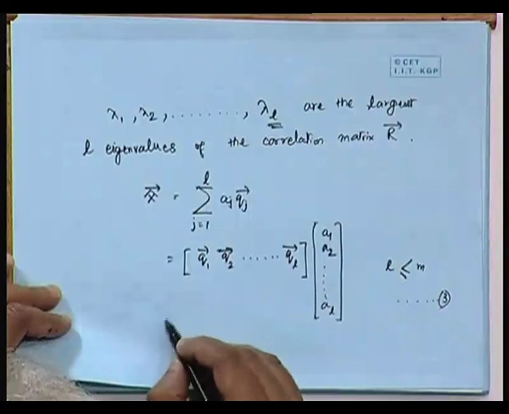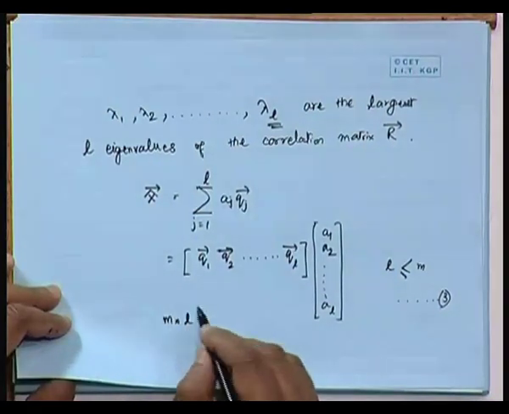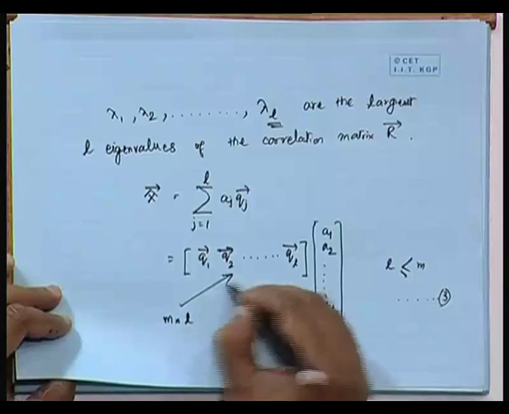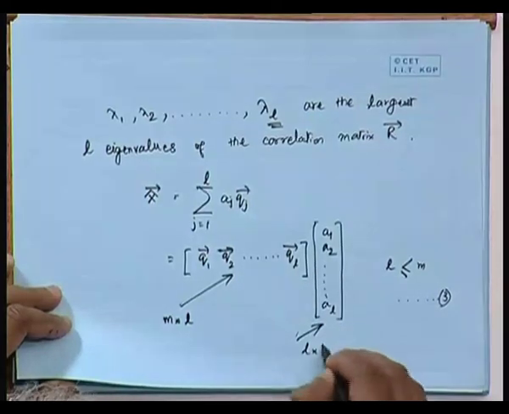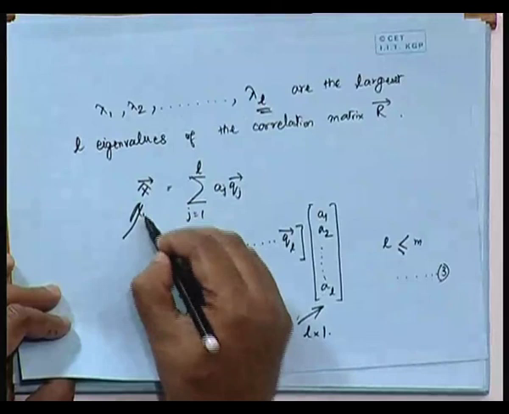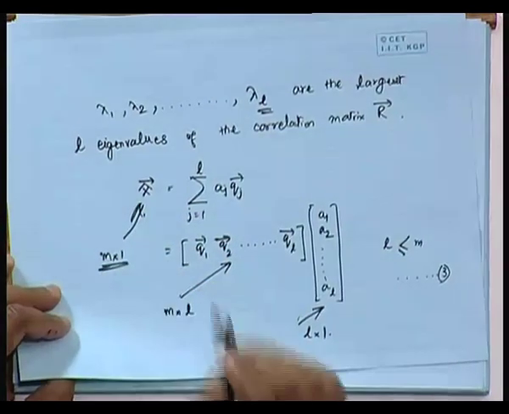Effectively it is that only. You see that we are keeping the L components of A's, and we are similarly keeping the L components of these Q vectors. So essentially, you are right that these things are all of m. So this is an m by L matrix, and this is an L by 1 vector. Dimensionally, the x vector is going to be an m by 1 vector.